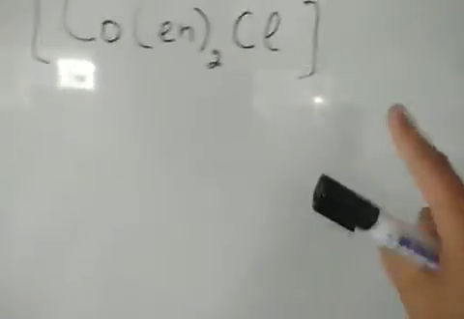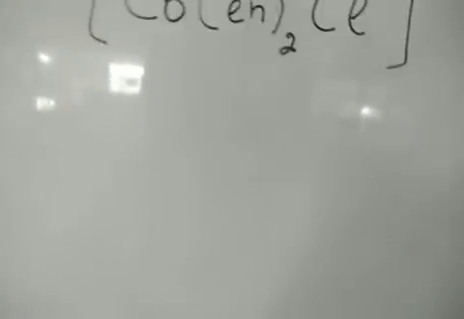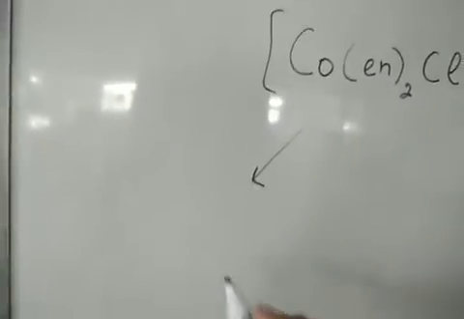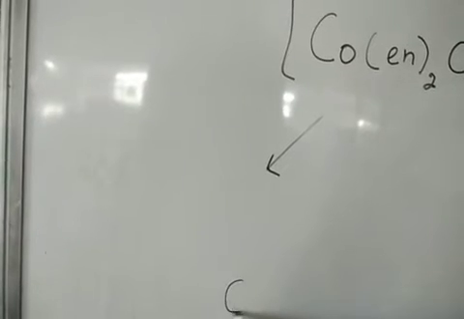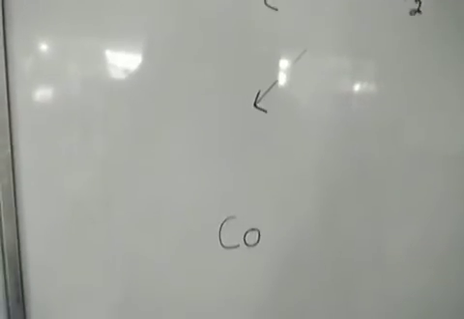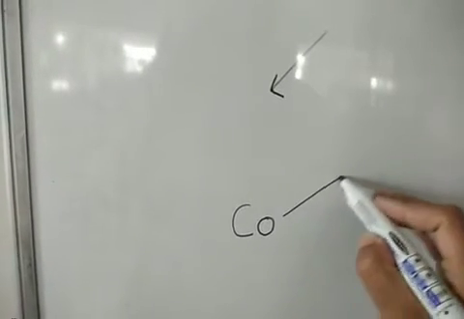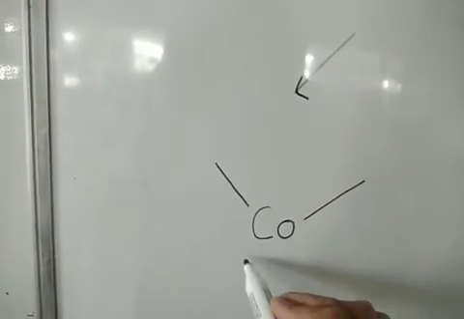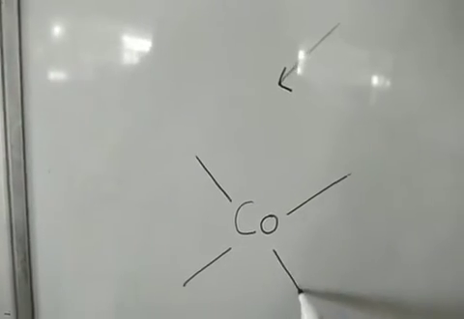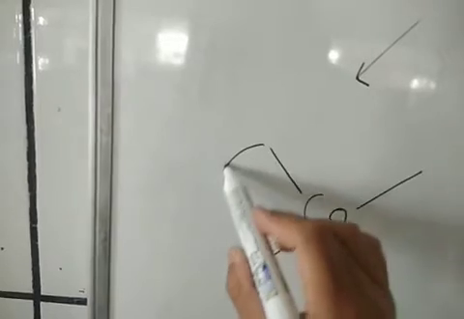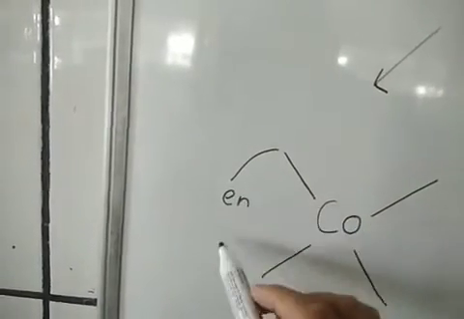Fine. Now we'll make the complex of this. How do cis-trans isomers exist for this type of complex? Now the cis isomer is concerned. So this is your cobalt, here at the center, transition metal cobalt. So make your 4 ligands on a square plane. इसको हम ऐसे दिखाएंगे, this is your ethylene diamine.